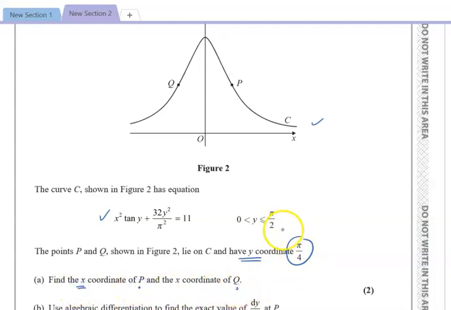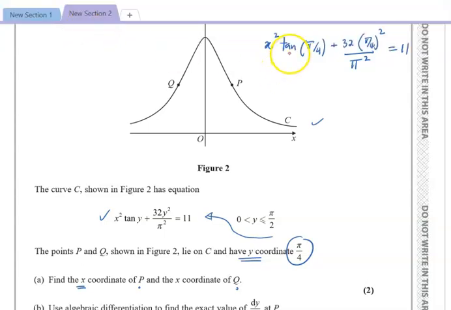That means if you have the y, we just have to substitute in our equation to get the value of x. So when we substitute here, we have x squared tan of pi by 4 plus 32 into pi by 4 all squared over pi squared equals 11. We try to solve this quickly.